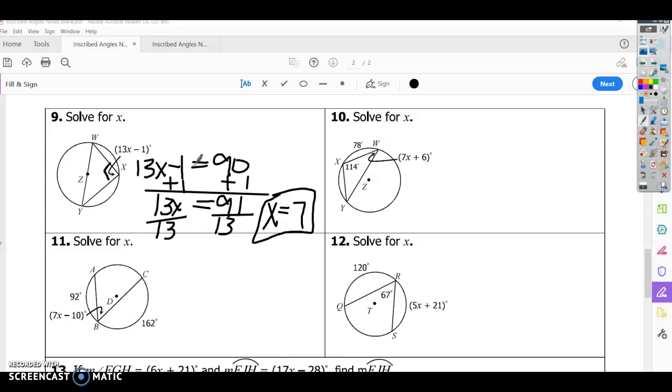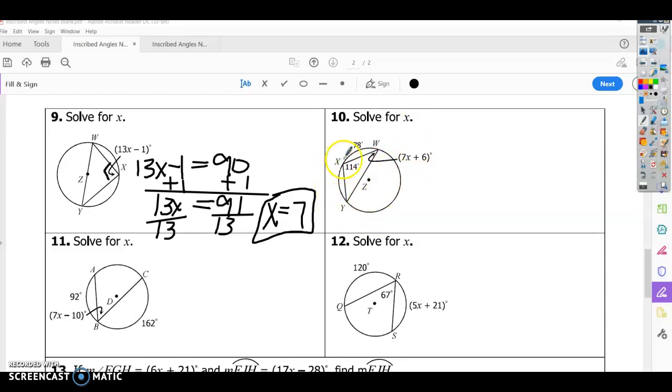All right, number 10. We are given 78 degrees for this arc measure. We're given 114 degrees for this. And we need to find what x is.